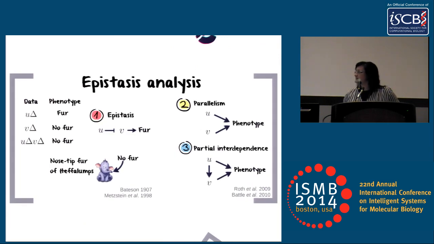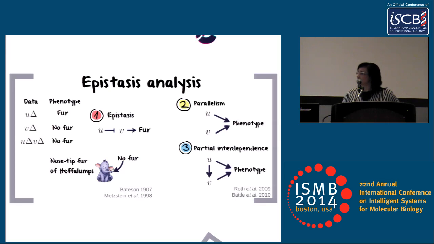The journey can start with a simple toy example that is concerned with two genes, U and V, and a phenotype which is observing the fur on the nose tip of Heffalump. This is this imaginary elephant from Winnie the Pooh, for those who remember. Let's say we have some data, and the data that we observe is the phenotype of this organism, or this elephant, when a certain gene is mutated, is knocked out, sorry.